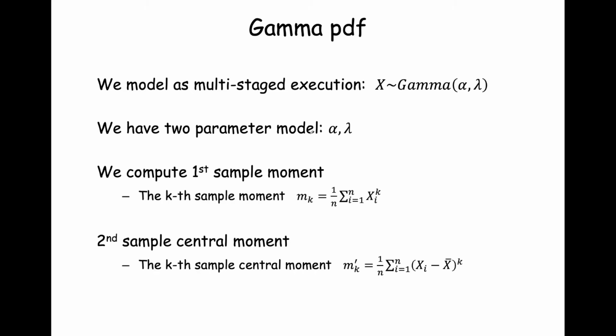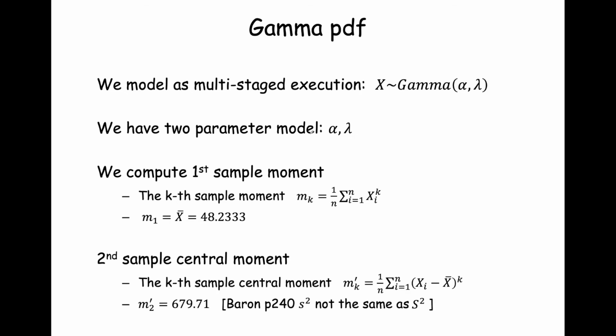So let's look at this. The k-th sample moment we know is m sub k. It's 1 upon n, the sum of x_i to the k power. The k-th central sample moment is m prime sub k, 1 upon n, the sum of all of the x_i minus x bar quantity to the k power.